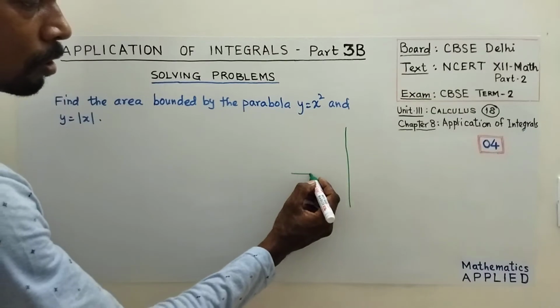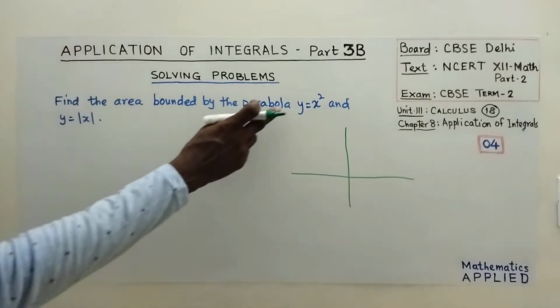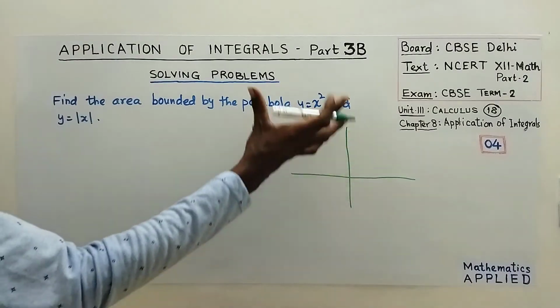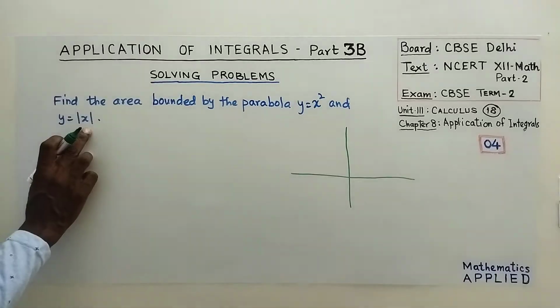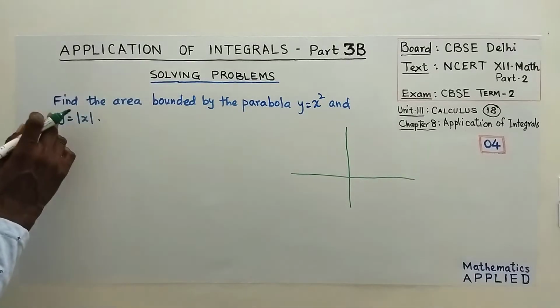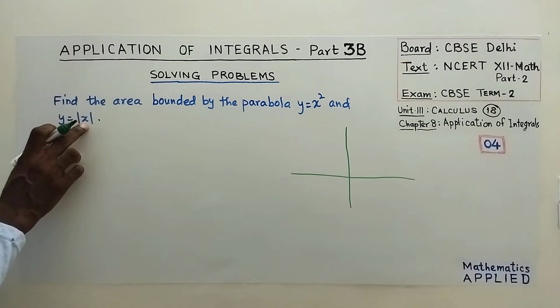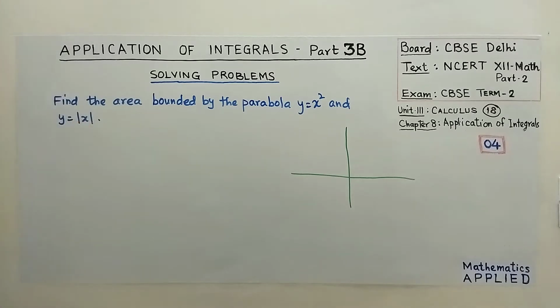So you will draw this curve. This is y equals x square, which is open on the upper side, and y equals mod x is a V-shaped curve which touches the x axis at 0. Right? So we will draw the curve.